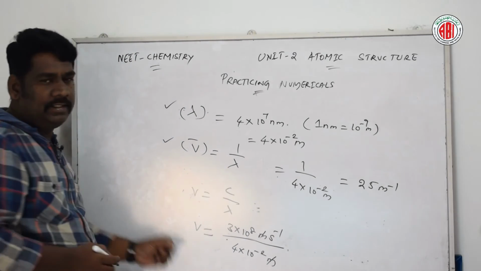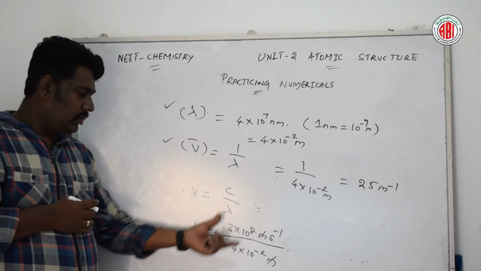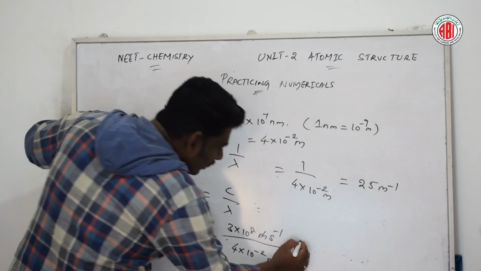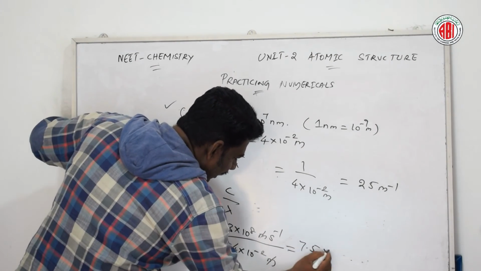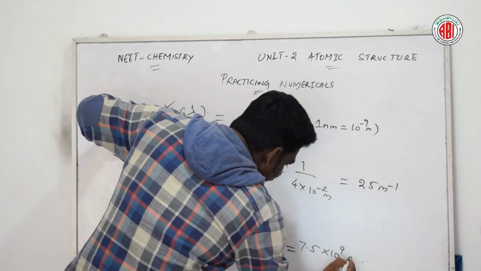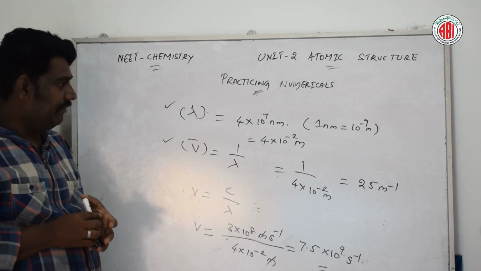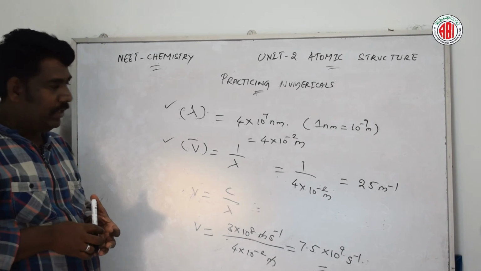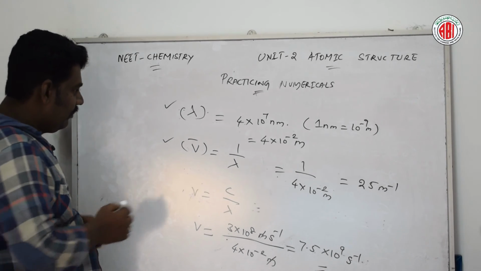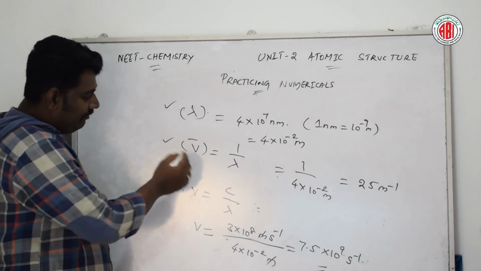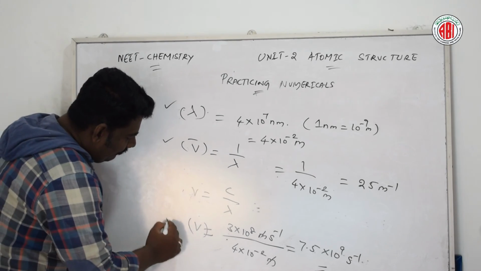Meter cancels. Simplifying this, we get 7.5 into 10 to the power of 9 per second. This is the frequency of the given microwave. So we have got the wavelength, wave number and frequency.